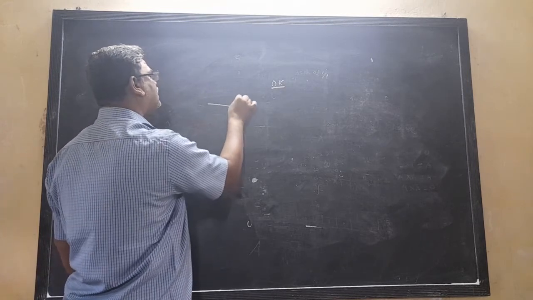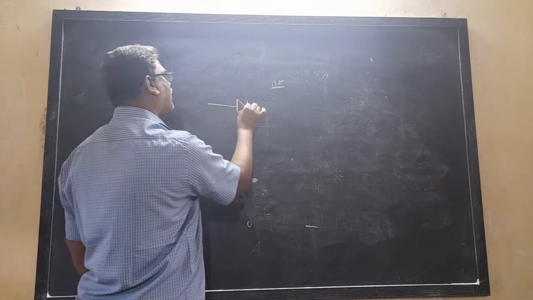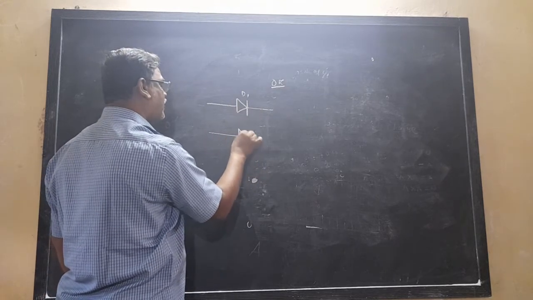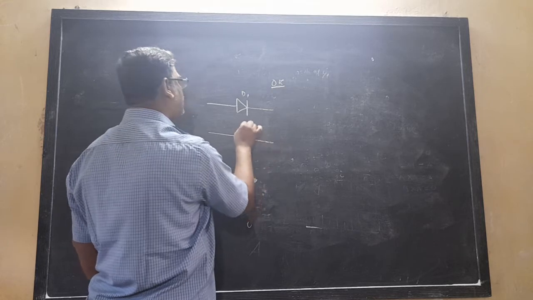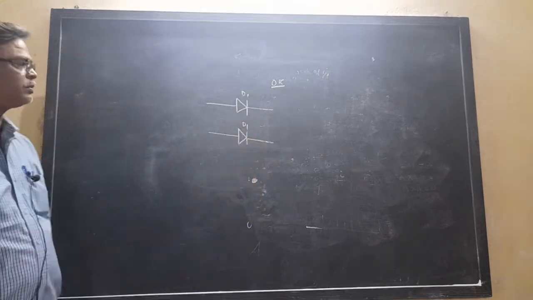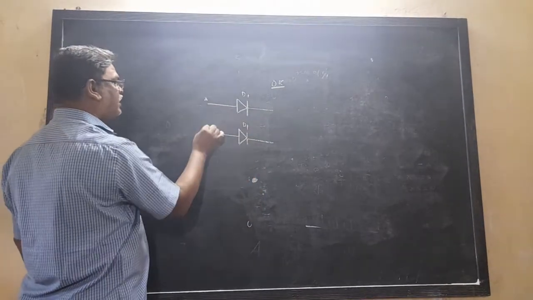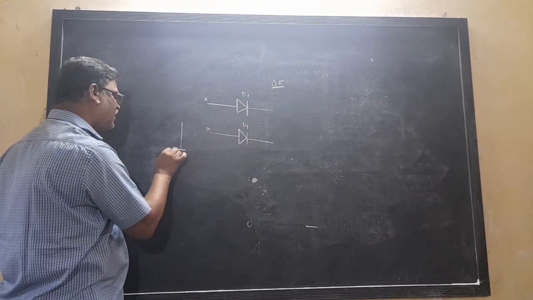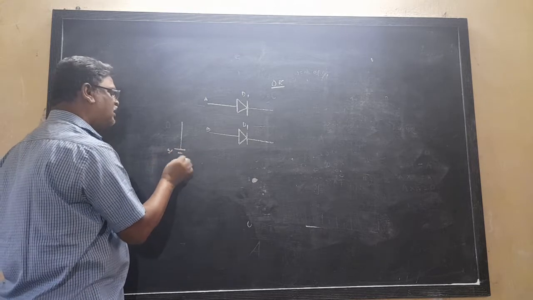Now we consider this is D1 and this is your D2. We use the two diodes D1 and D2. So this is your A and B, and this is connected to a source of 5 volt, then it is connected to the ground.